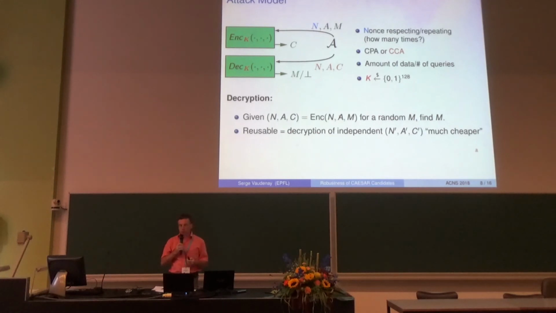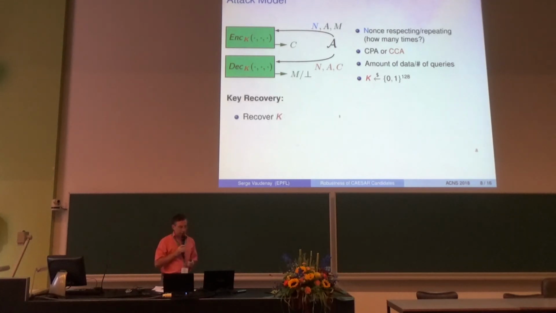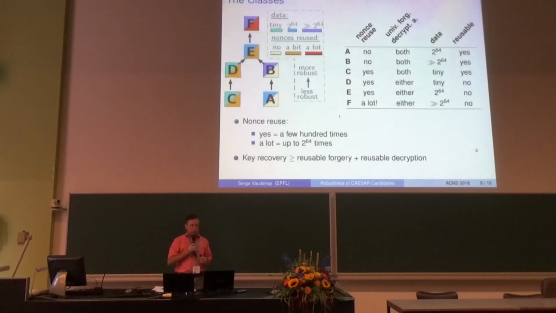Again, we wonder if this attack is reusable or not. We also have a key recovery attack in which, by playing with these two oracles, we want to recover the secret key.